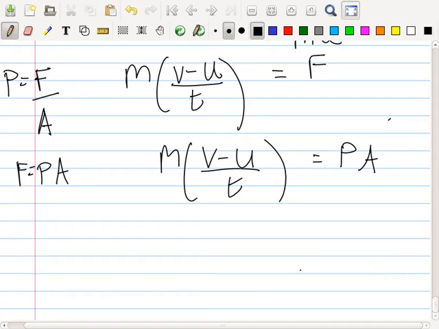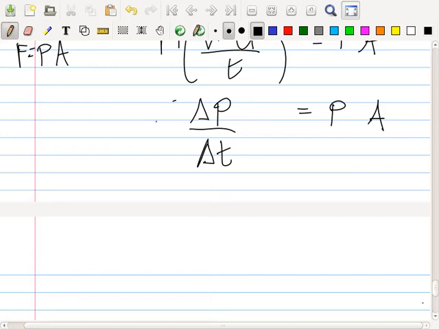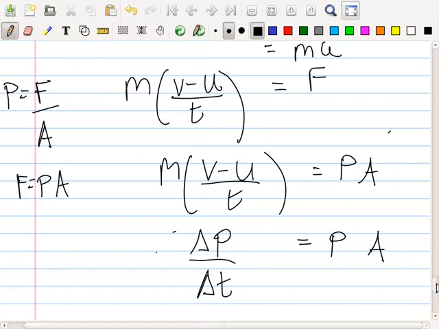Okay. I'm just going to write delta P over delta T equals P times A. Is that okay? Good, alright. Delta P means the change in momentum, the mv minus mu. And big P here is pressure, sorry Albert. That's small p, okay?